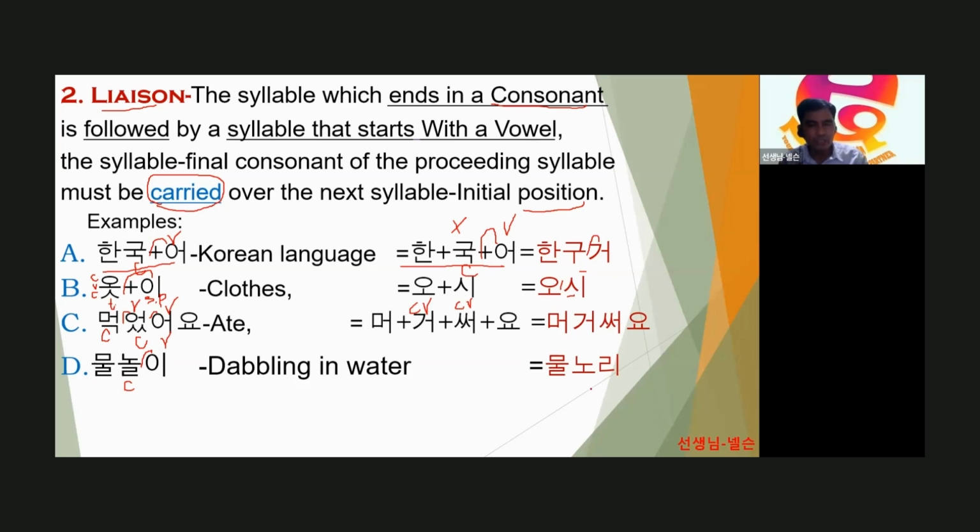So this character is riol. Riol ang name niya. Pagka initial, ra sound. Pagka final, la sound or ul sound. So therefore instead of mulnol E, the correct pronunciation is mulnori. So yan yung number 2 when it comes to Korean pronunciation.